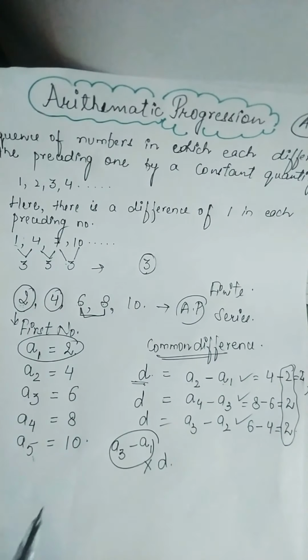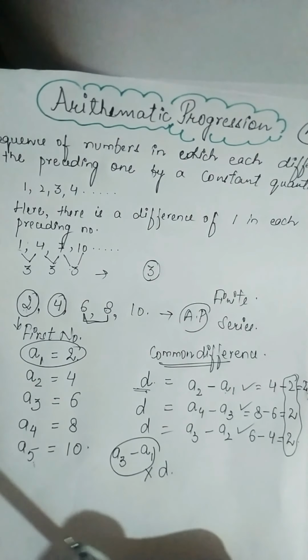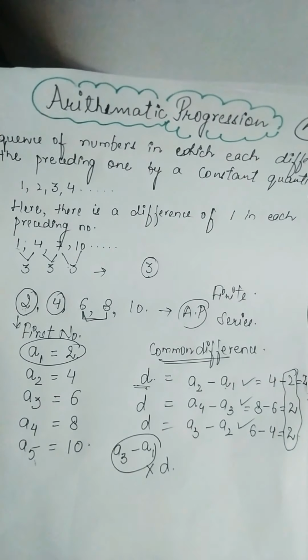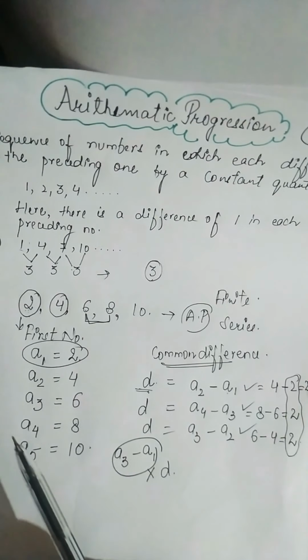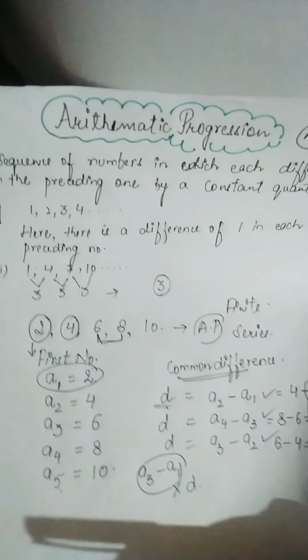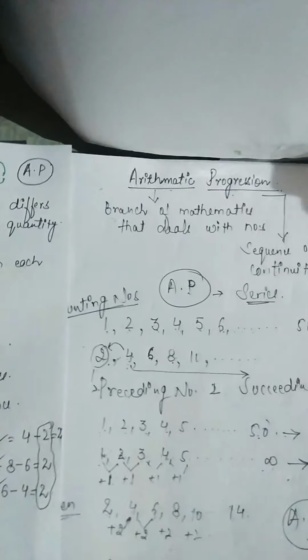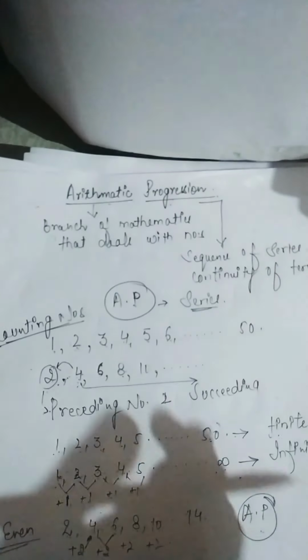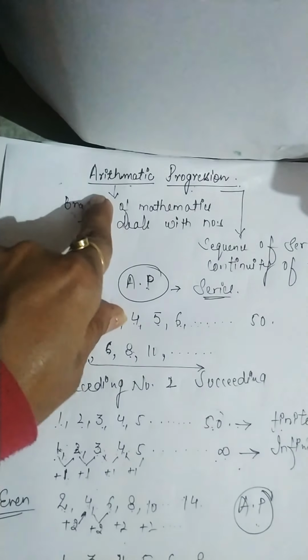In the very first exercise you will have questions like: what is the first term, find the common difference of the series, find whether the series is in AP or not. We will do that in the next video. For today, the main motive was just to introduce you to the new chapter of your mathematics class 10, that is arithmetic progression.